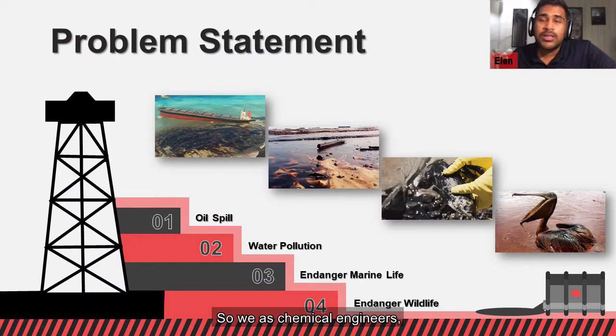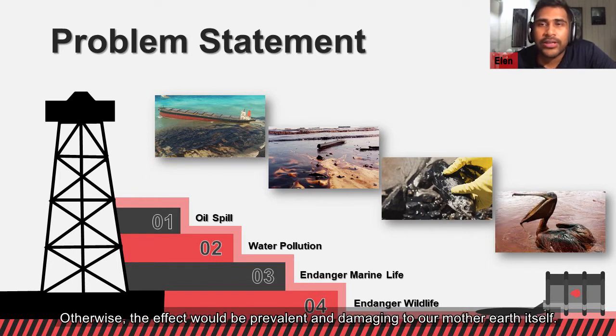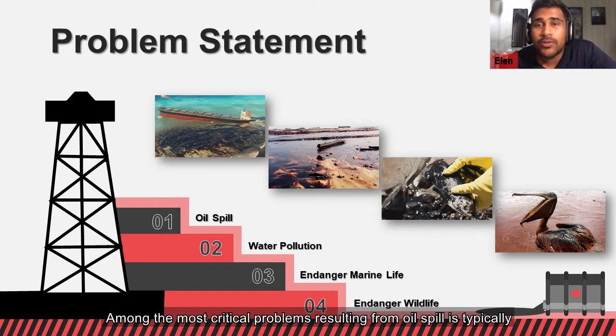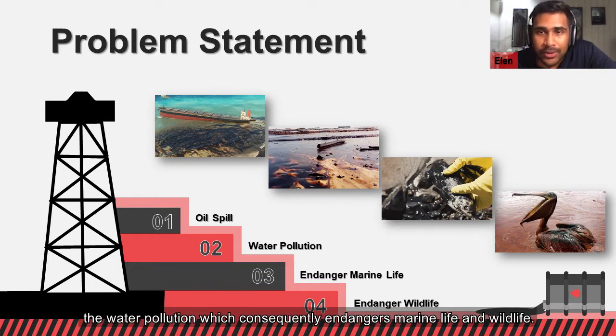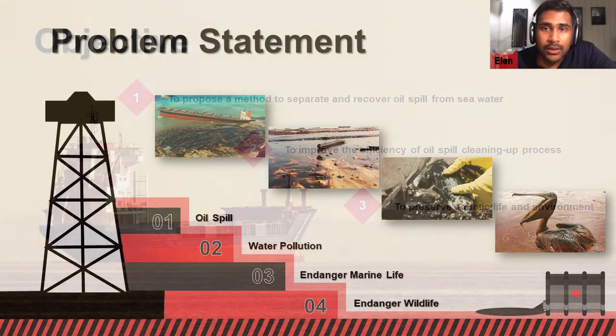So as chemical engineers, it is our responsibility to tackle the oil spill issue. Otherwise, the effects would be prevalent and also damaging to our Mother Earth itself. Among the most critical problems resulting from oil spill is typically the water pollution, which also consequently endangers the marine life and also wildlife.